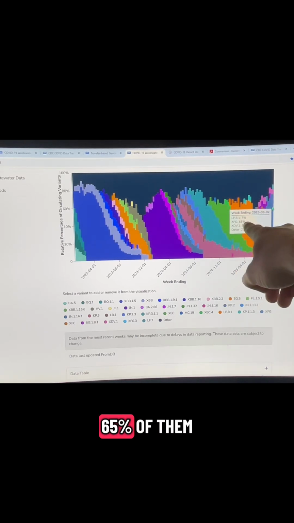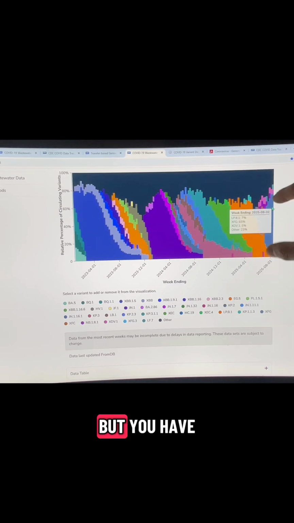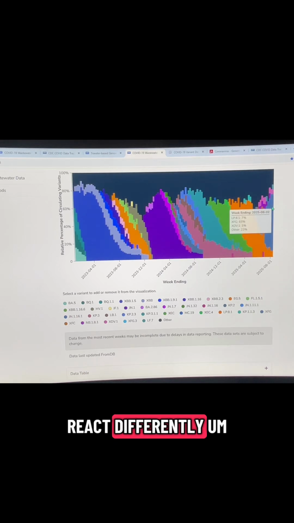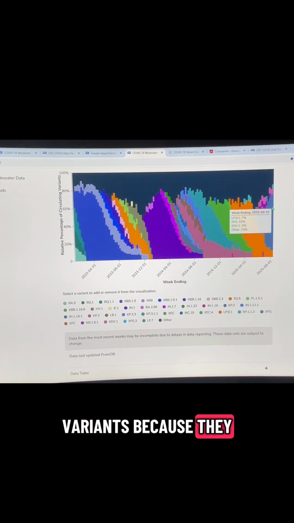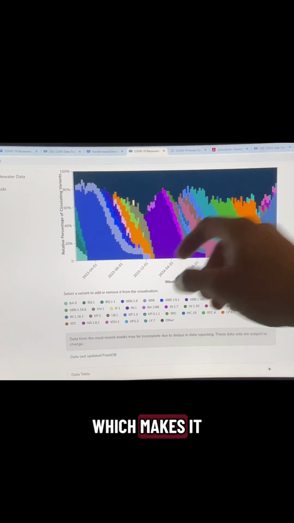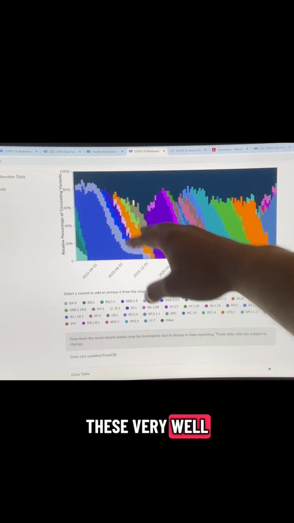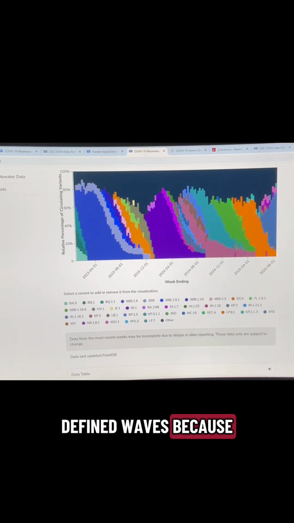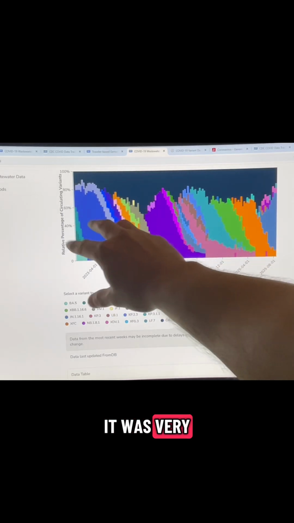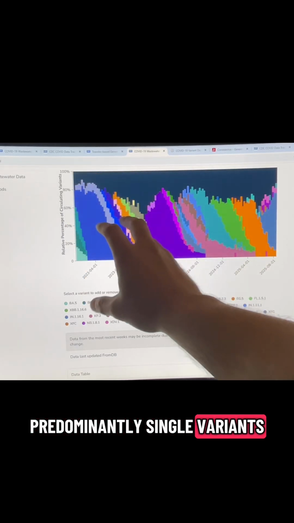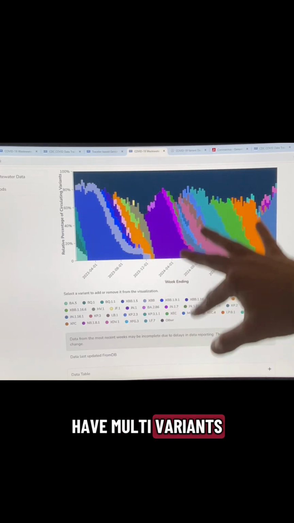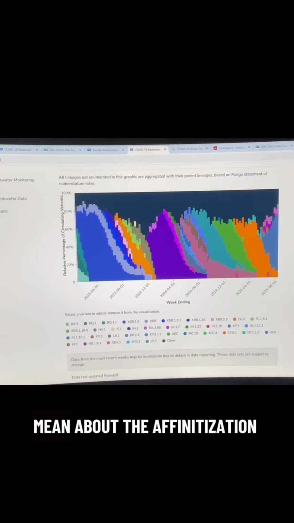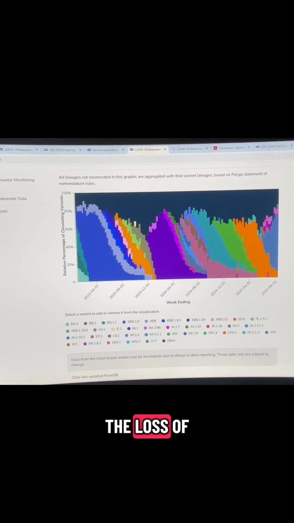It says 65% are all XFG, but you have many different variants of XFG within that react differently than the other variants because they have different spike proteins. This makes it look like we have very well-defined waves, but we actually don't, because it was very predominantly single variants, and now we have multi-variants competing simultaneously.